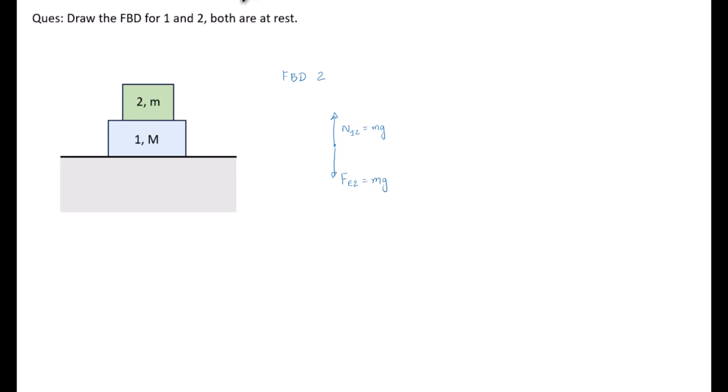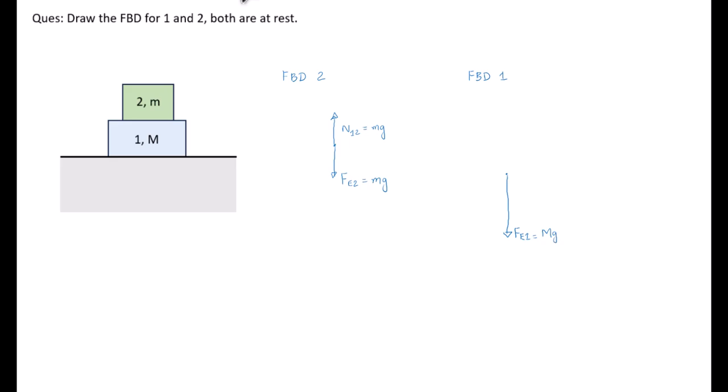Let's go to the free body diagram for object 1. How does it look? If this is the center of mass of object 1, what are the forces in the vertical downward direction? There will be, of course, a force by Earth on object 1, and that is the weight of the object, and that will be capital Mg.